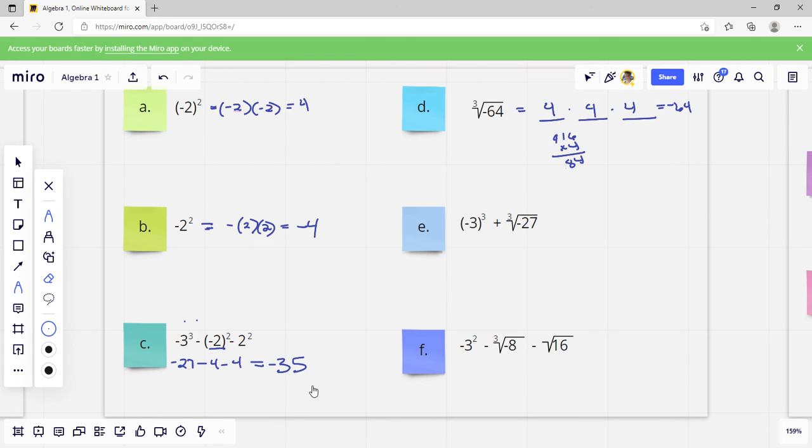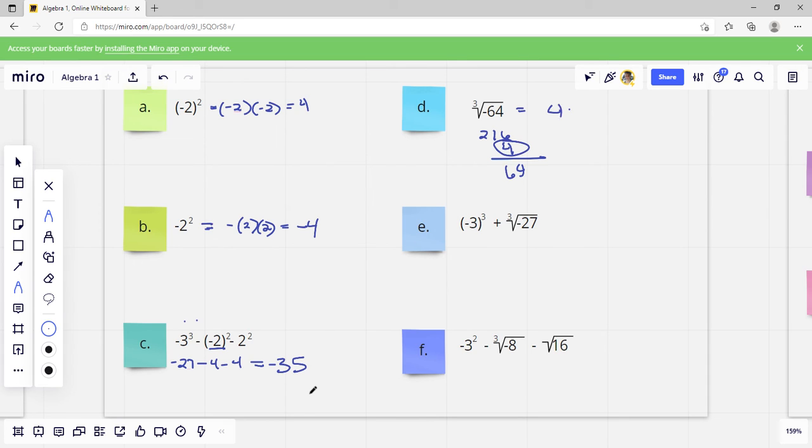Nope, that's not it. Let's see. 8 times 8 is 64. 4 times 4 is 16. 16 times 4. It is 64. It is 4.